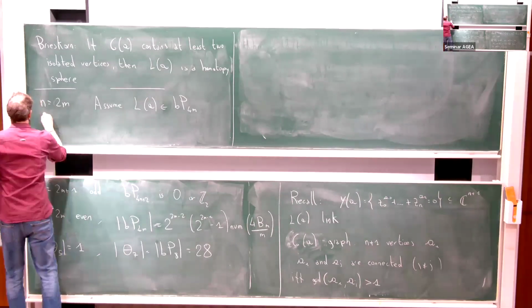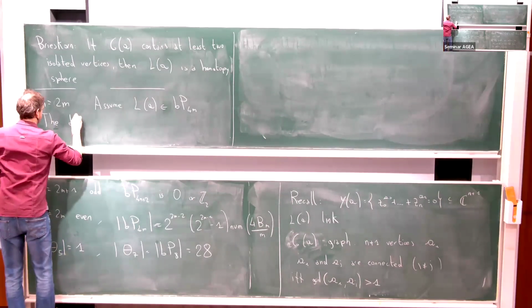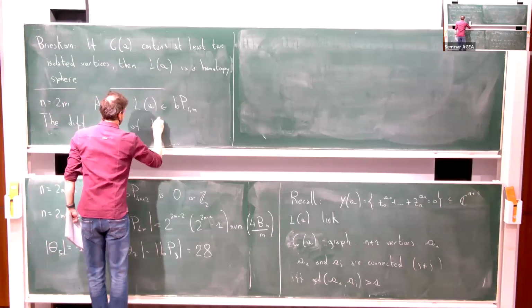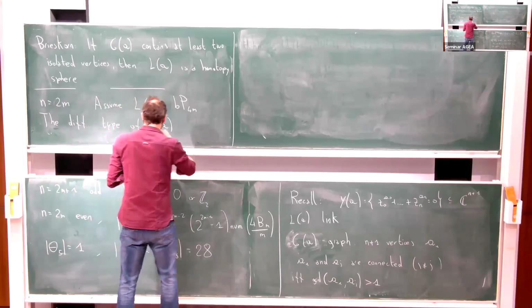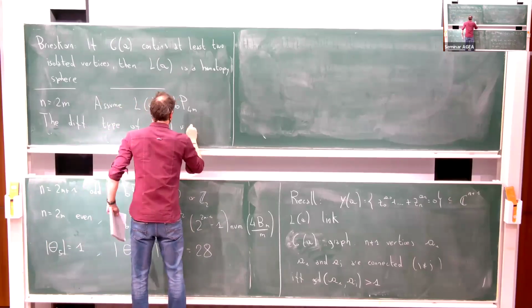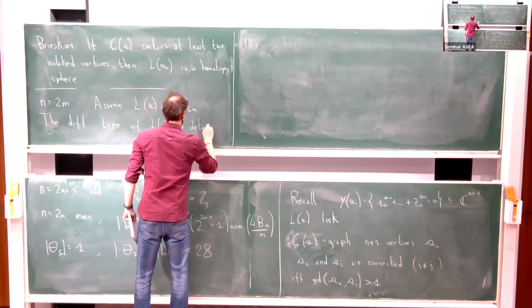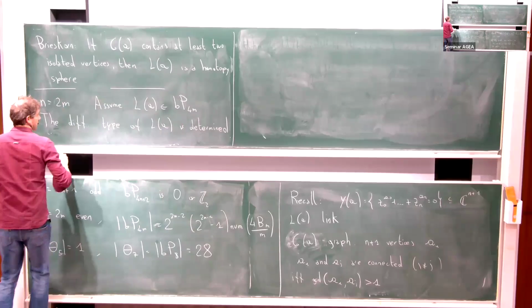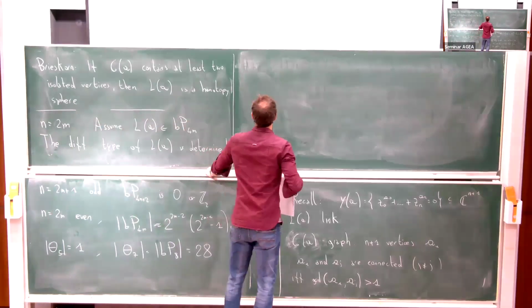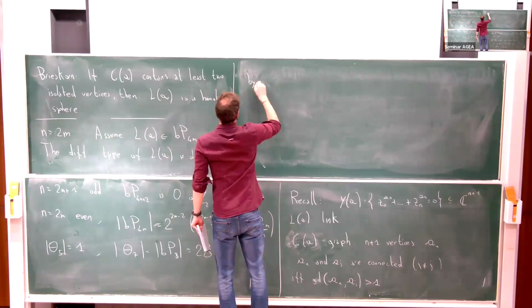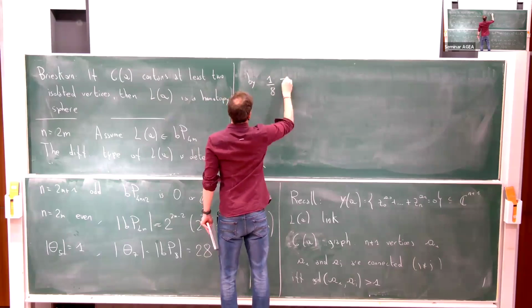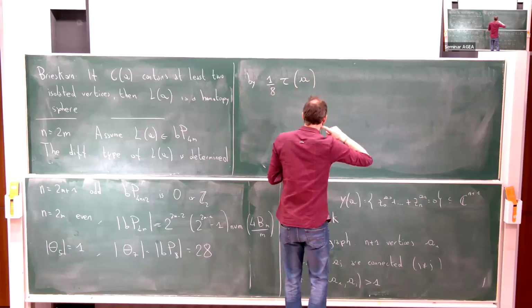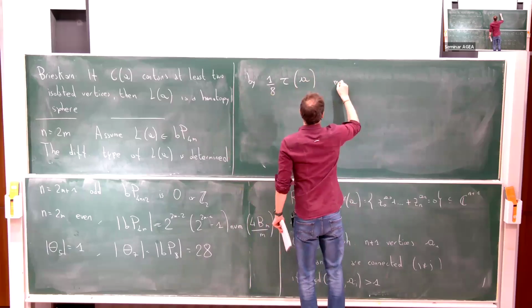Then the diffeomorphism type of LA is determined by 1/8 tau, I'm going to write it tau A. This is going to be an integer.